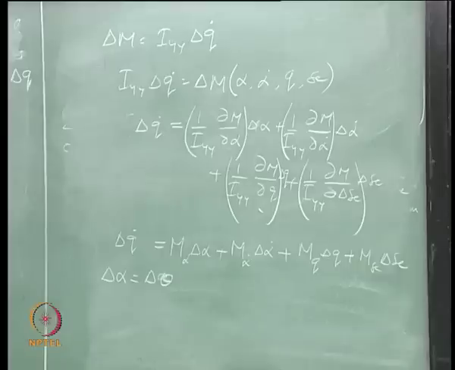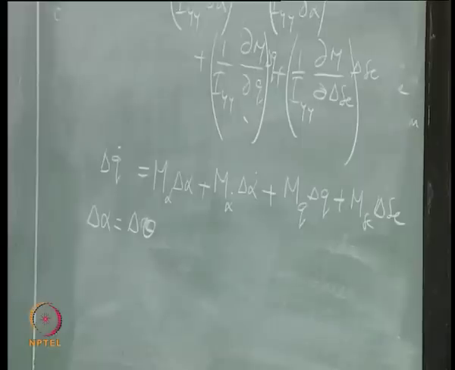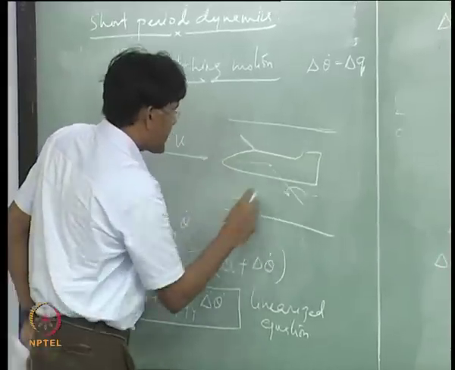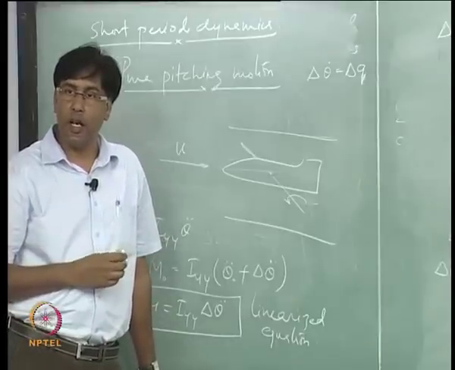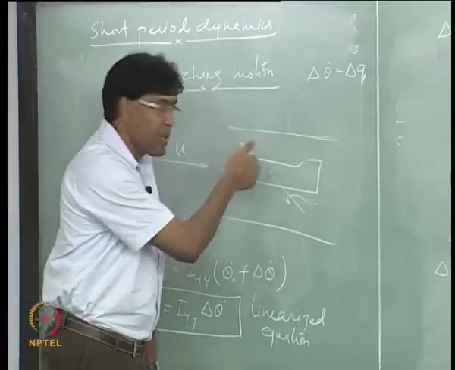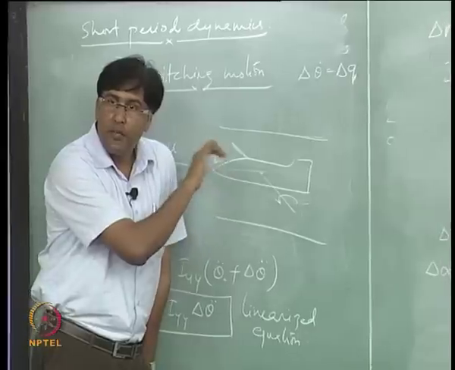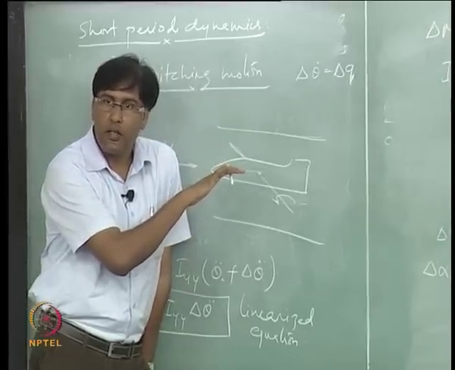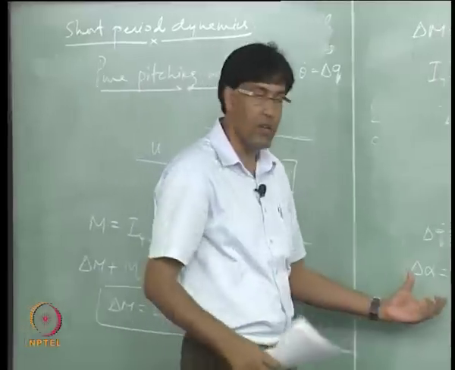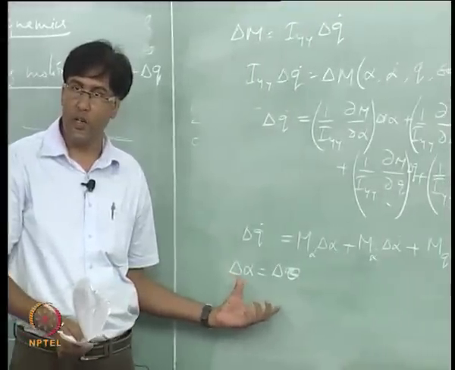So to start with, the body axis is aligned with the earth fixed inertial axis system, and then there is a pitch from this equilibrium condition, then delta theta is also going to be equal to delta alpha.